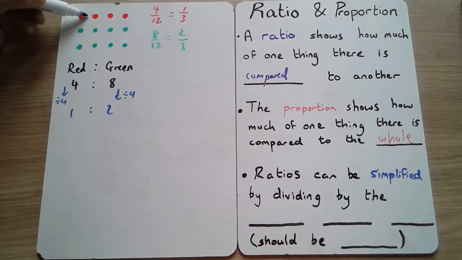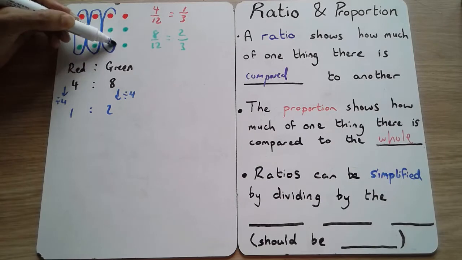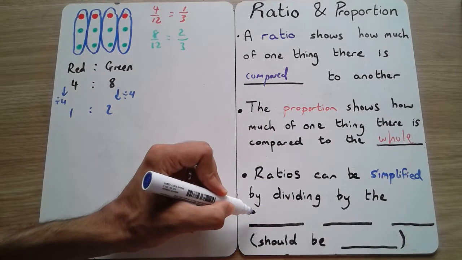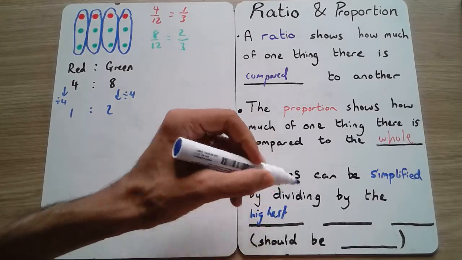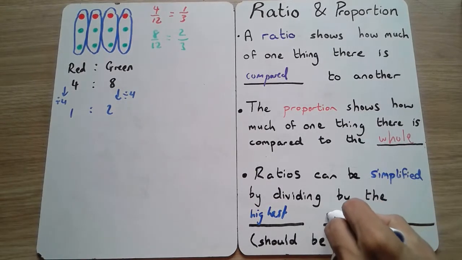And what that means is for every 1 red, I have 2 greens. And we can see that quite effectively over here. 1 red, 2 greens. And we said to do this, you have to divide by the highest common factor.